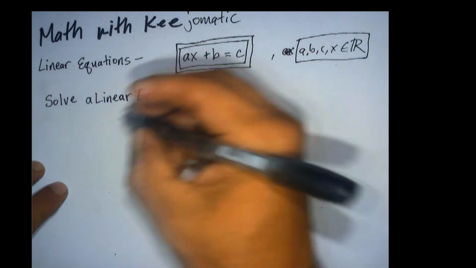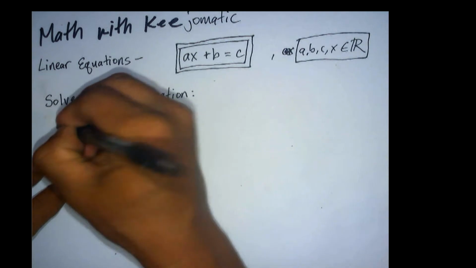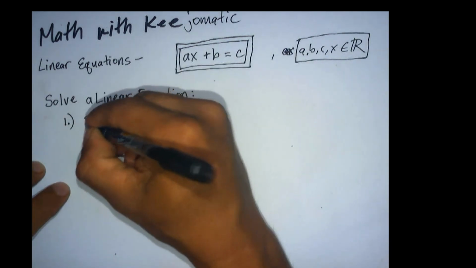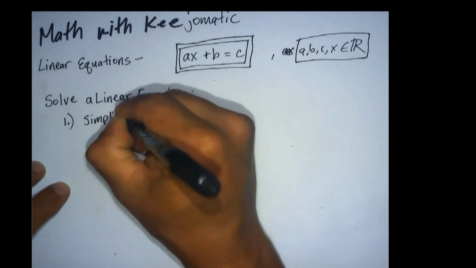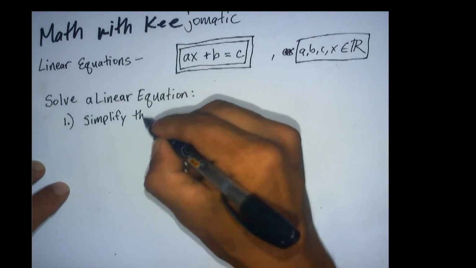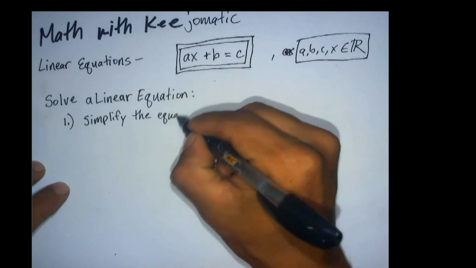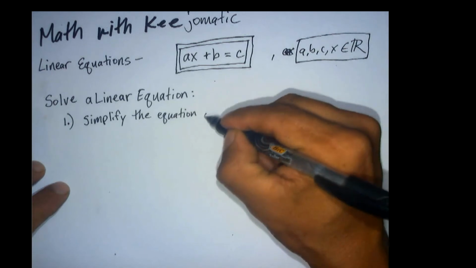All right. So the first thing we're going to do is simplify the equation on both sides of the equal sign.